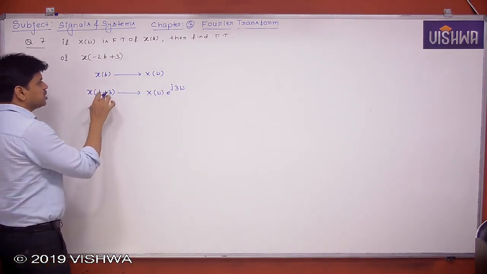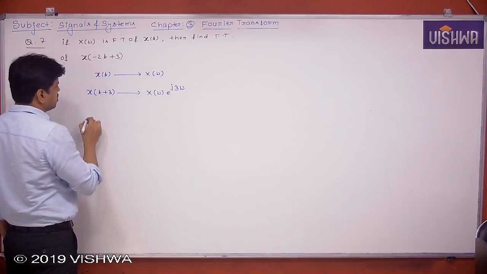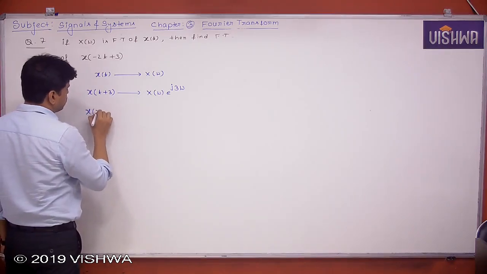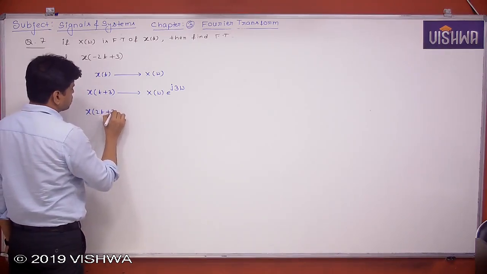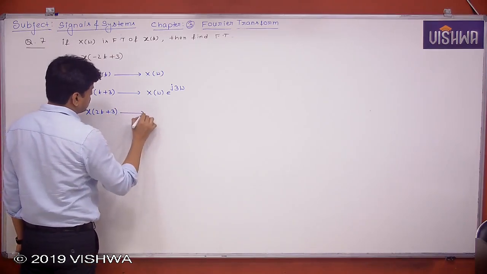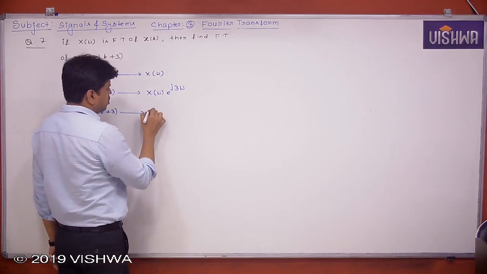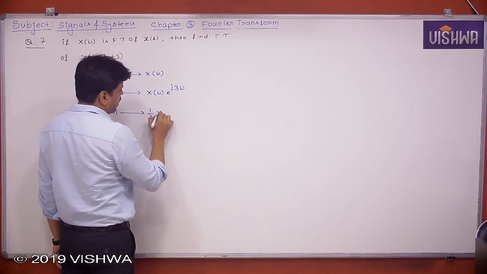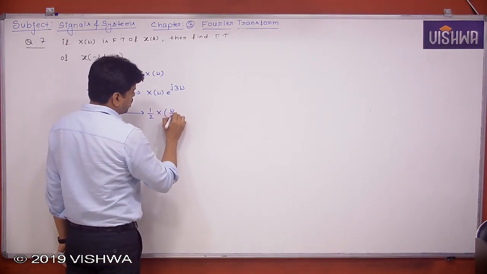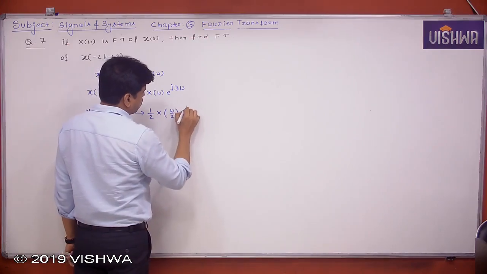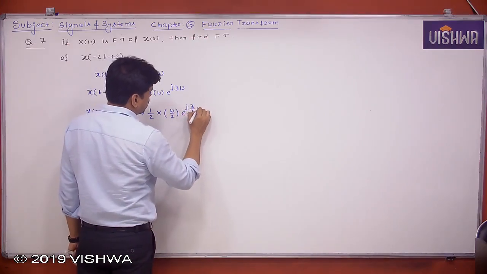Shifting in one domain leads to exponential multiplication. Next, x of 2t plus 3. Time scaling. Then we have to say 1 by 2, and wherever omega is there, replace it with omega by 2, e power j 3 by 2 omega.